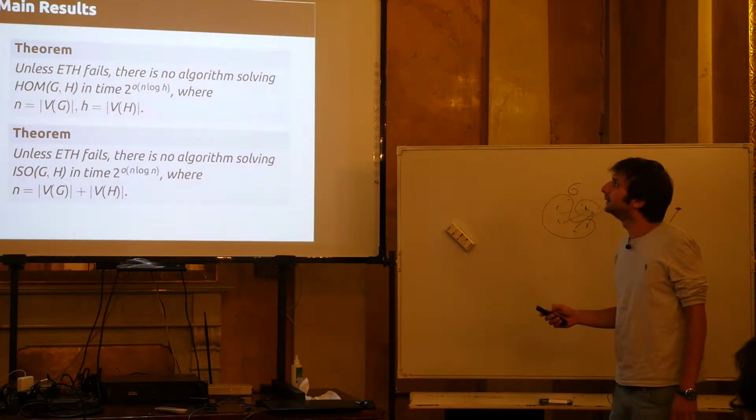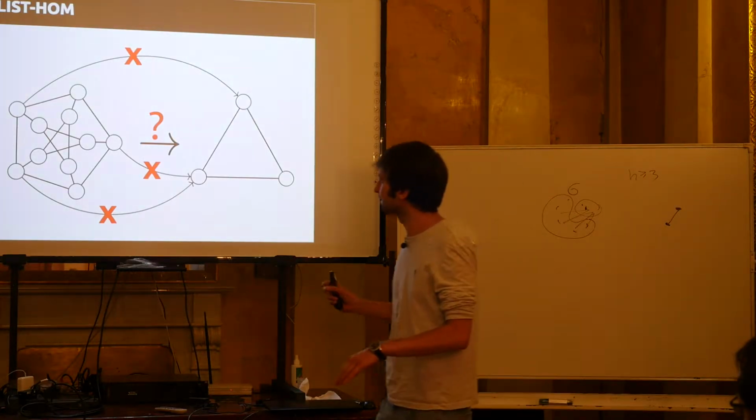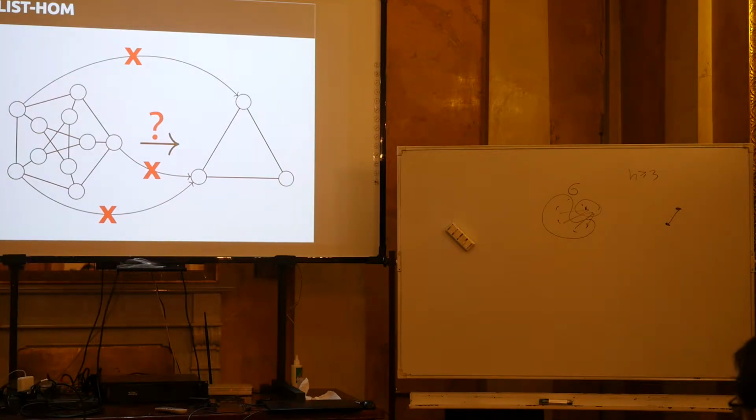Okay, now the last piece, the last definition for this talk, is the list homomorphism problem, which is just a technical definition which will be needed for our proofs. So we know the homomorphism question. It's a question where you don't have these weird edges: do you have a homomorphism from this graph to this graph?